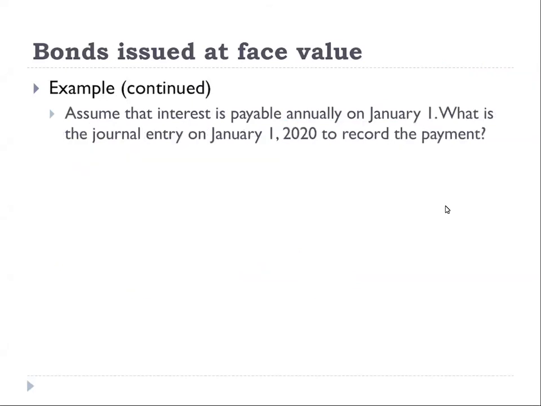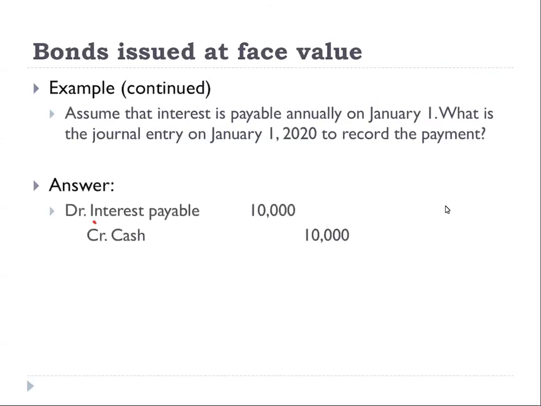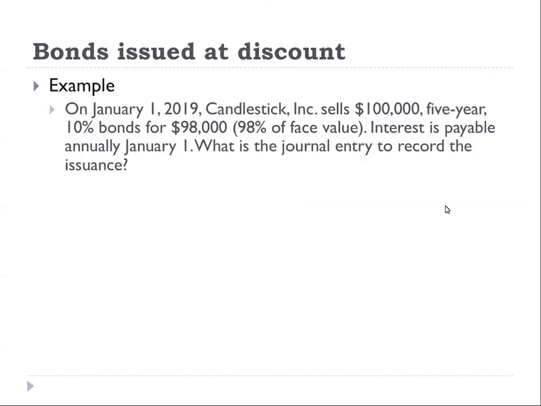Then on January 1st, when that interest is actually paid, we debit interest payable and credit cash. So this is how to record the issuance of the bond and the interest payment for a bond which was issued at face value. Now let's look at what if the bond is issued at a discount.